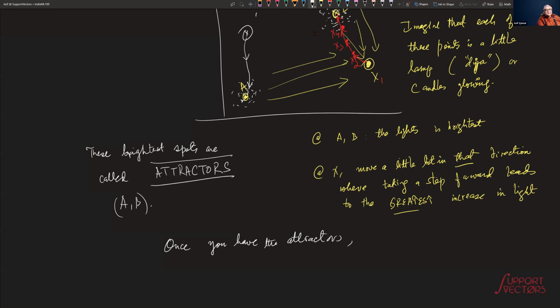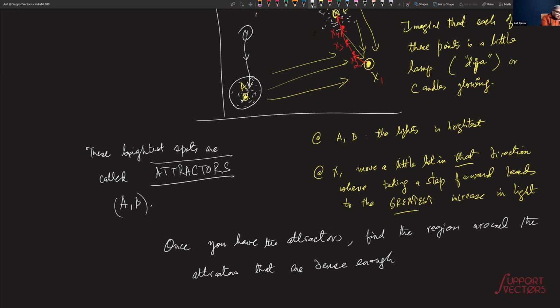Once you have the attractors, do one thing, use the same density-based argument. What you do is find regions around the attractors which are dense enough. Dense enough means sufficiently many points are there, in a very qualitative way.